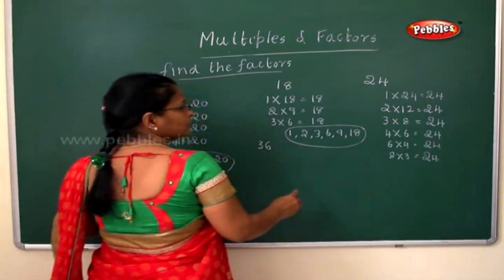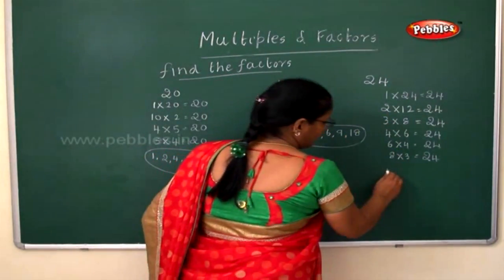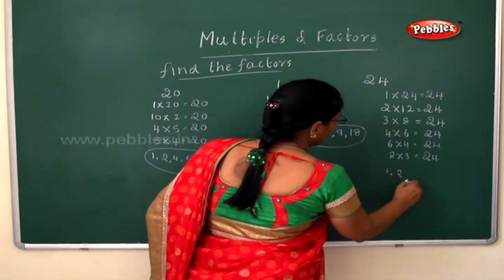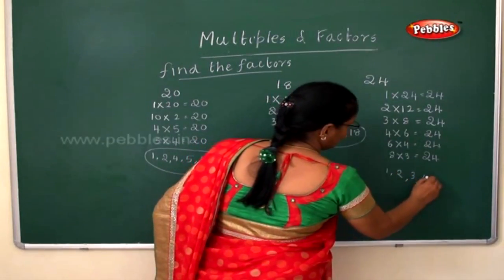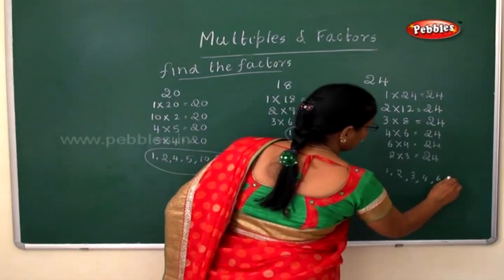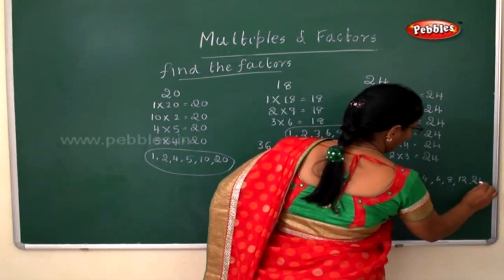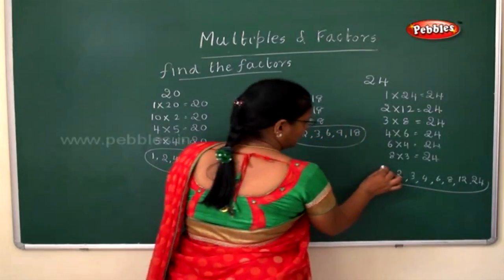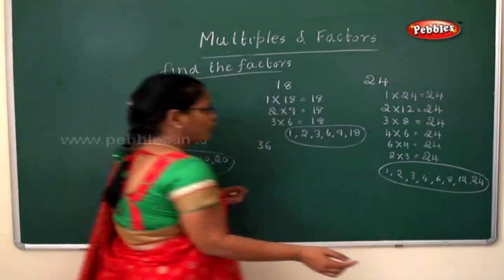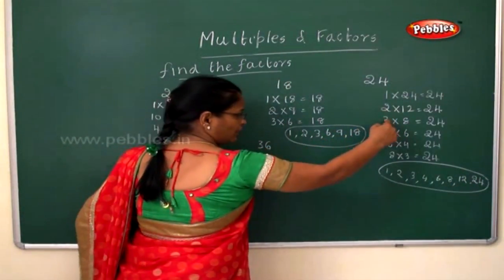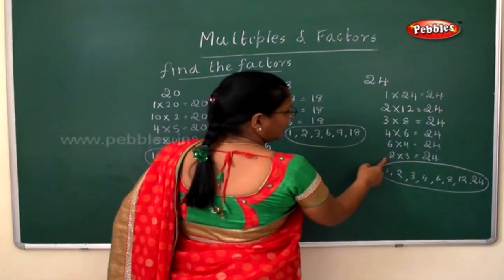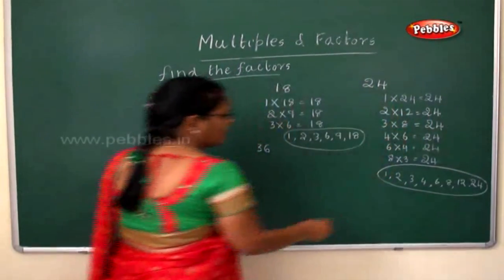For 24, you will write 1, 2, 3, 4, 6, 8, 12 and 24. So these are the factors of number 24.